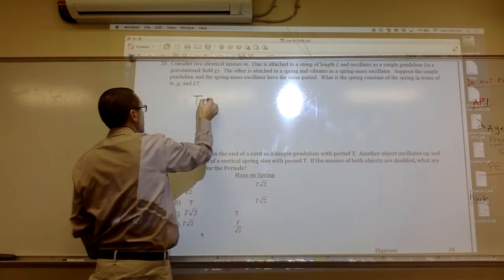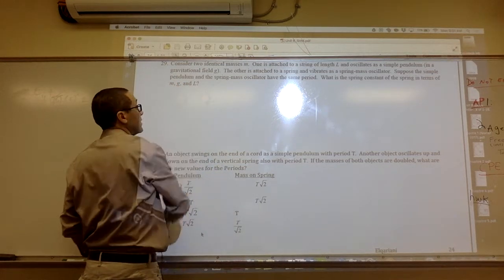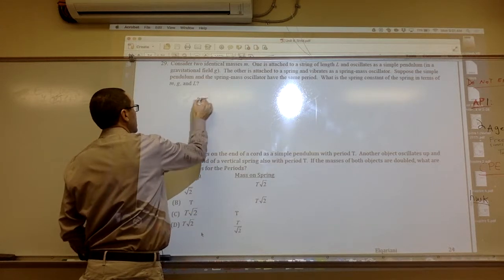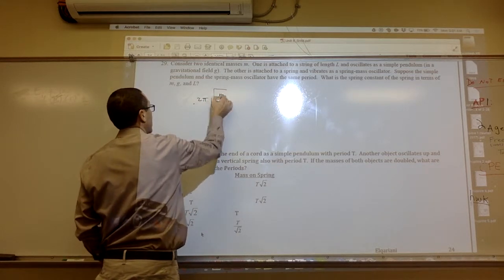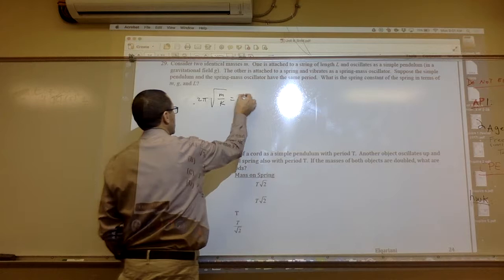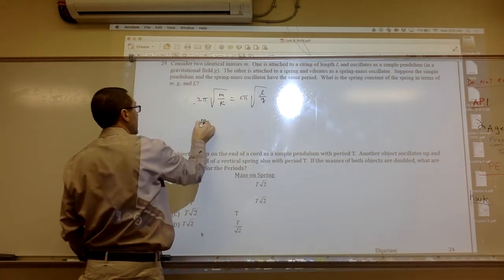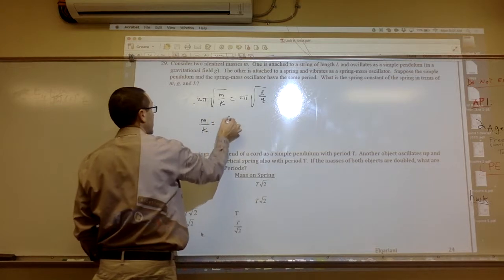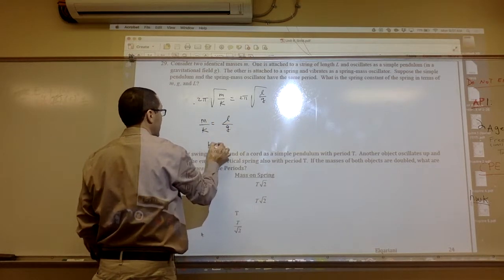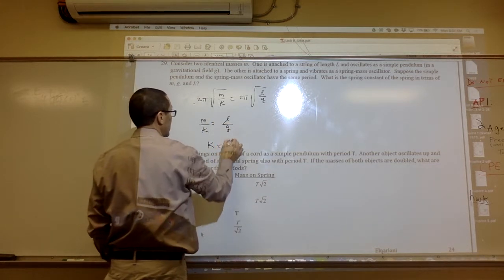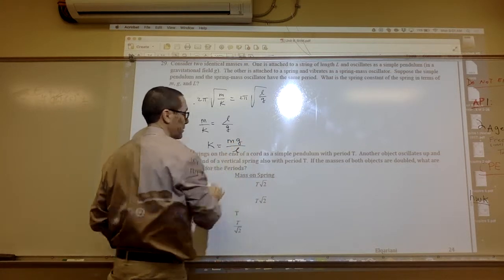The periods are the same, so 2 pi square root of m over k is 2 pi square root of L over g. Which means m over k is equal to L over g, which means k is equal to mg over L.